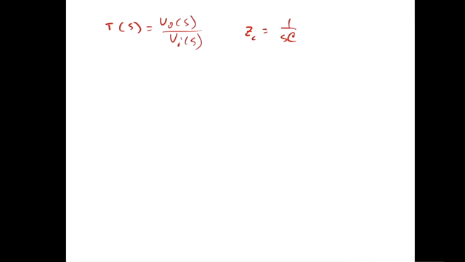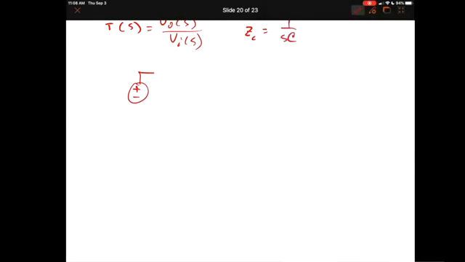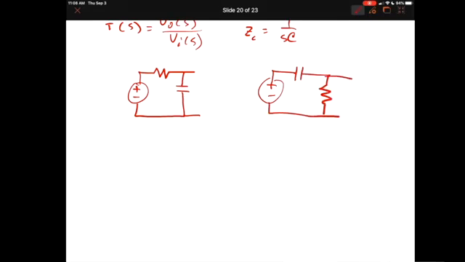And I'll just remind you that a low pass filter looks like this, and a high pass filter looks like that. We've got values of R and C.